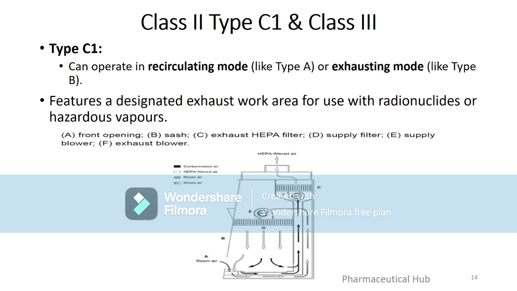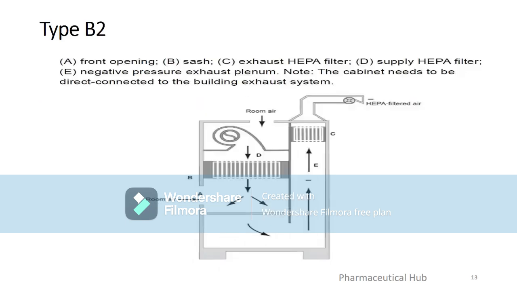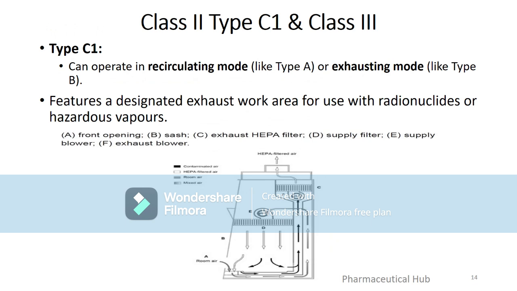The air inside the cabinet, now containing contaminants, is pulled up by the supply blower, E. Approximately 70% of this air is pushed through a supply filter, D, and flows downward over the workspace as clean, sterile air. Exhaust. The remaining air, about 30%, is channeled by the exhaust blower, F, through an exhaust HEPA filter, C, and then released back into the room.